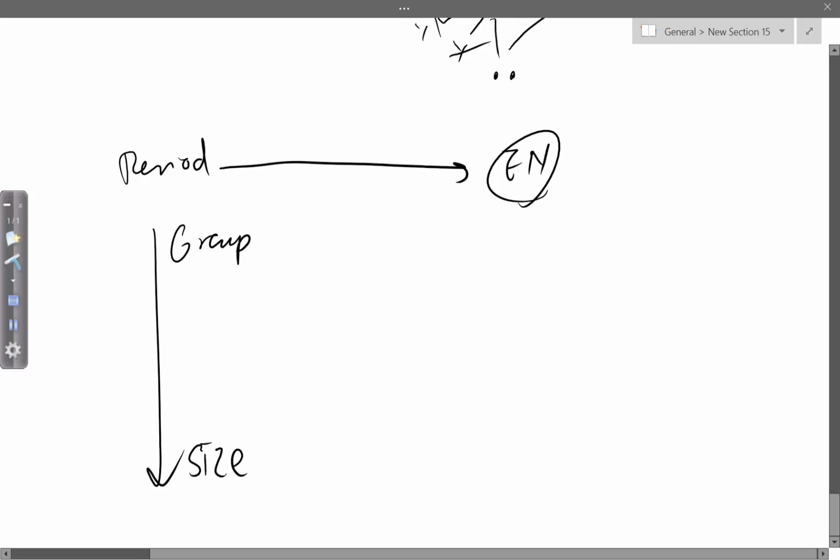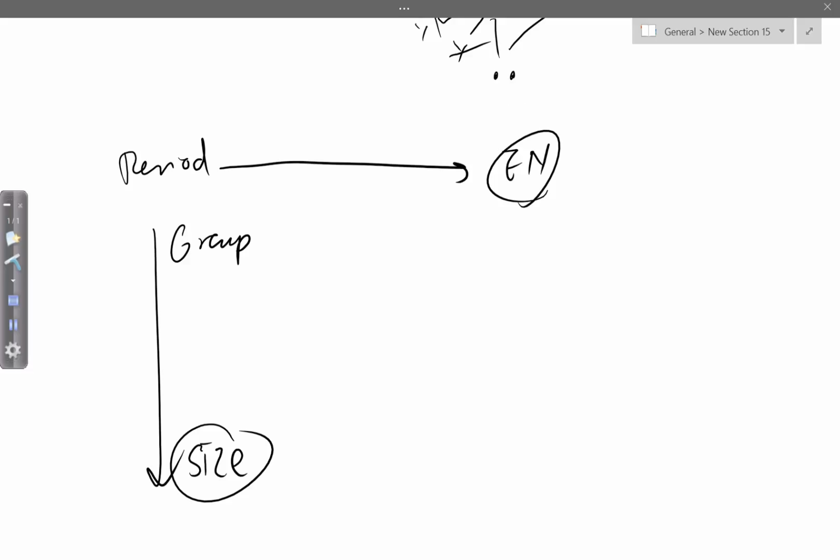Electronegativity is the dominating factor for period, and size is the dominating factor for group. So if you look at hydrogen and fluorine, you can treat them as the same period, so you use electronegativity. So next part is your molecule polarity.